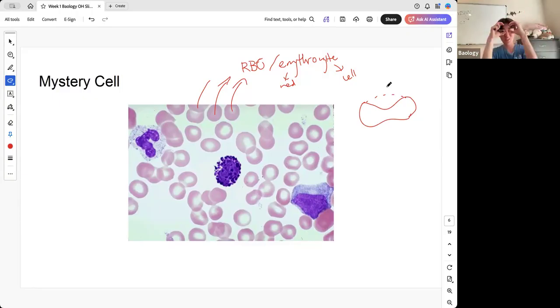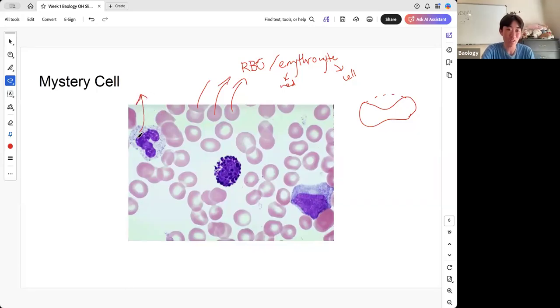That gives them more surface area so that they can exchange oxygen more efficiently. That's how you can recognize that these are erythrocytes. You may be thinking, oh, I know that because it's red. But as previously established, do not use color to identify cells in histologies because that all depends on the dyes that are being used.